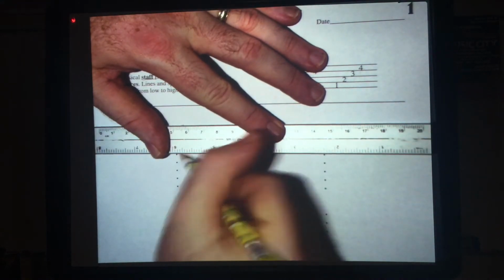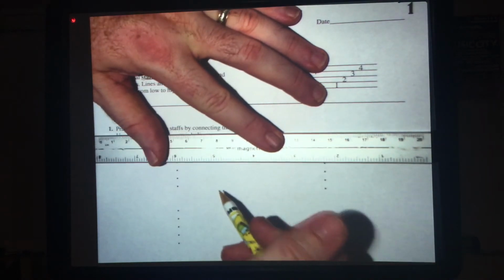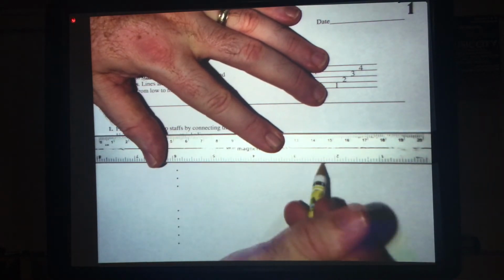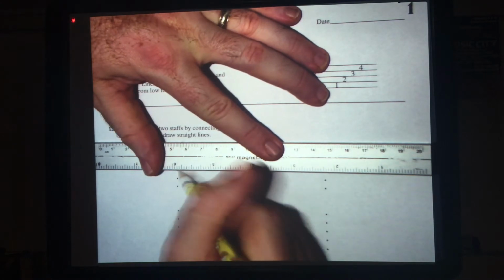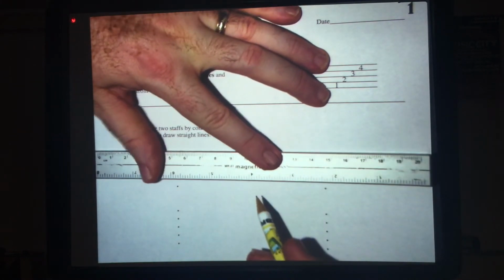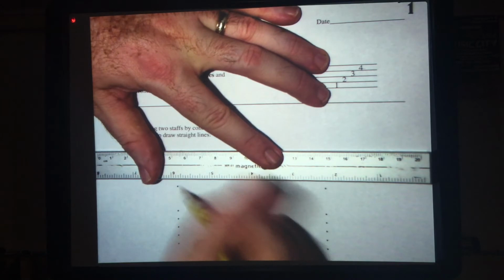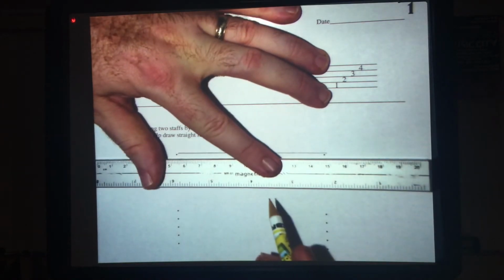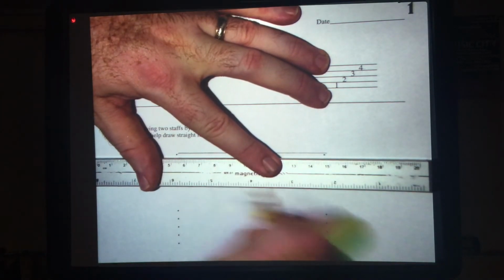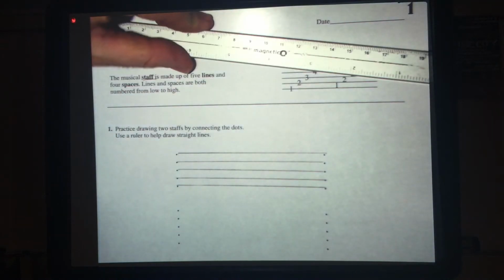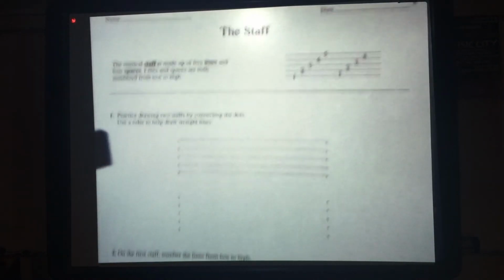And we're going to do this for the top one. And the bottom one, and we're going to try to make it as straight as possible.